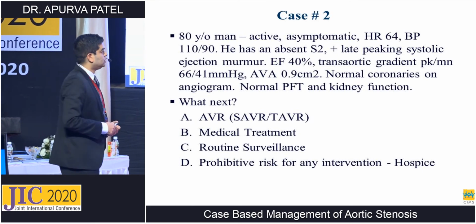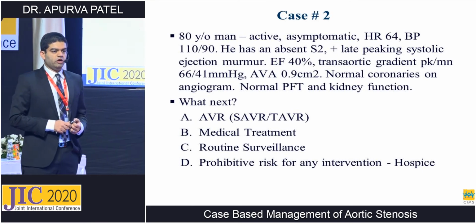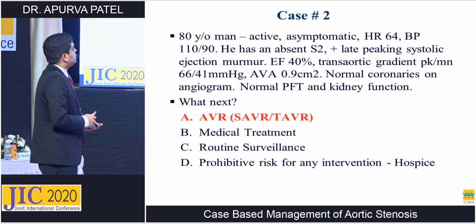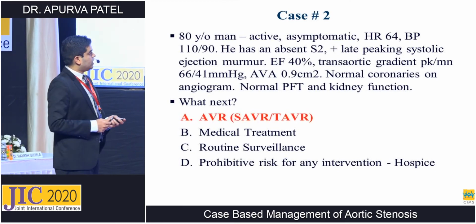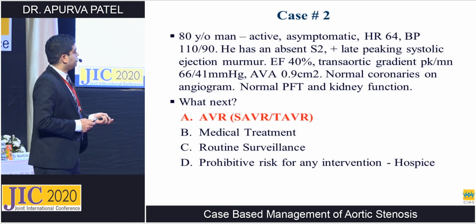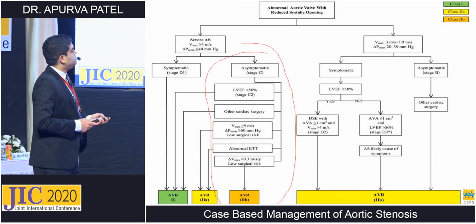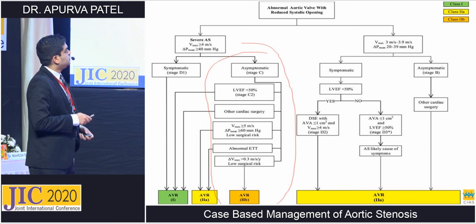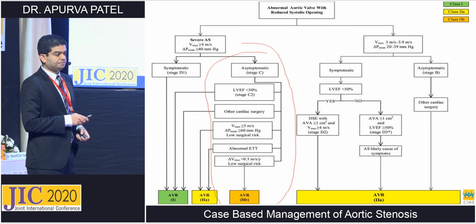No one? Okay. Anybody opting for AVR? Okay. Majority of the crowd. So that's right. AVR is the therapy for this patient. And the reason being is the patient has severe AS, but the patient is asymptomatic.